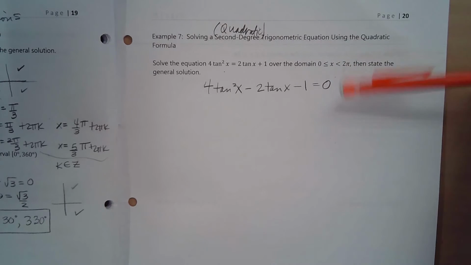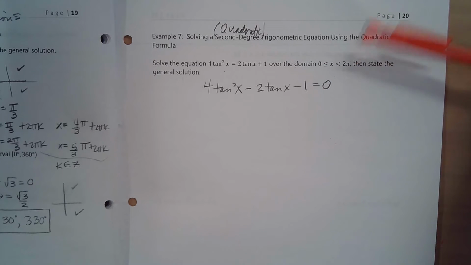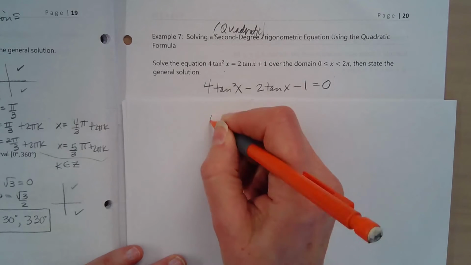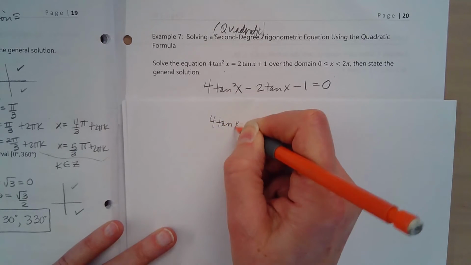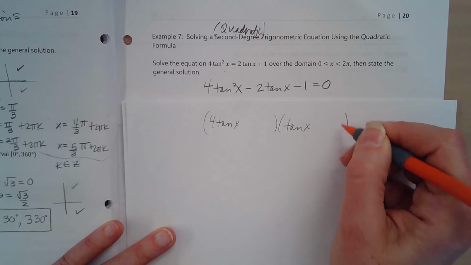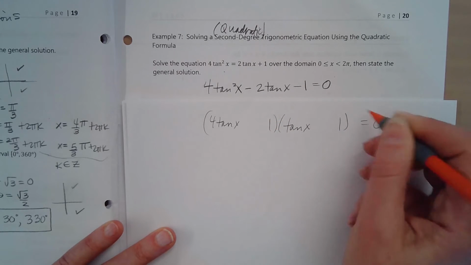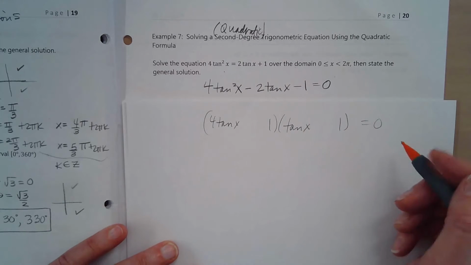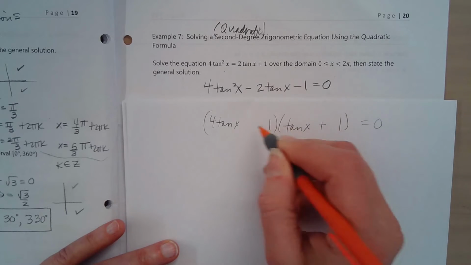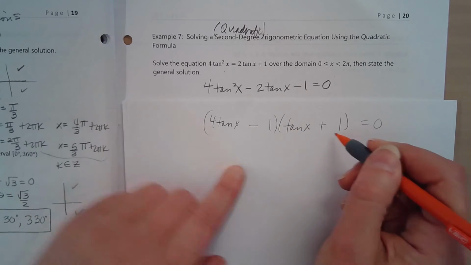So I can play around with this as much as I want. What would you try to do? You might try something like 4 tan times a tan. The only thing that can go at the ends are ones, because I need a product of 1. Then I have to have a plus-minus situation because of the negative. So I could play around there.